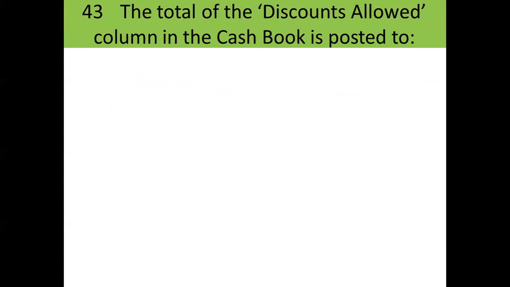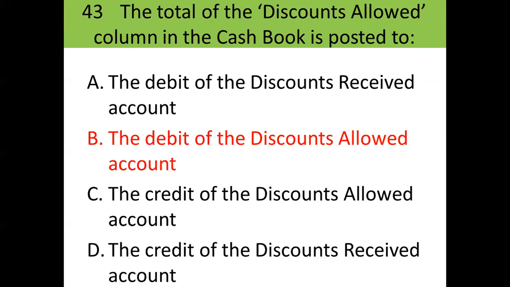The total of the discount allowed column in the cash book is posted to the debit of the discount allowed account, because it is an expense. That's why we have to debit that account.